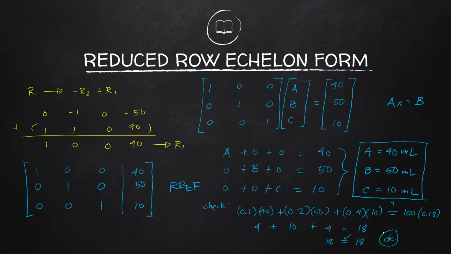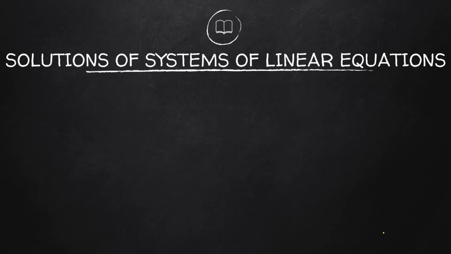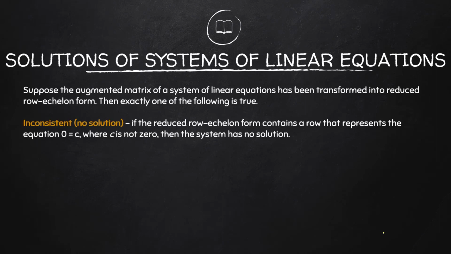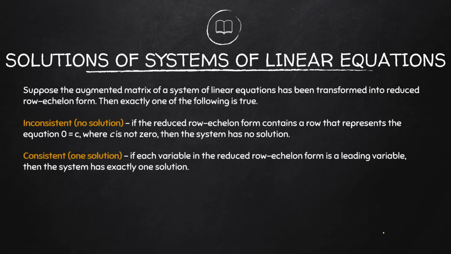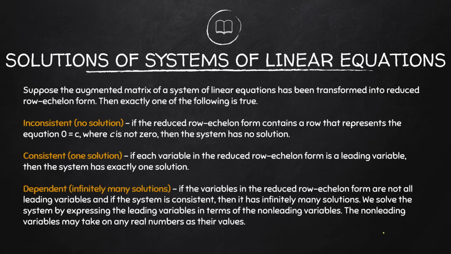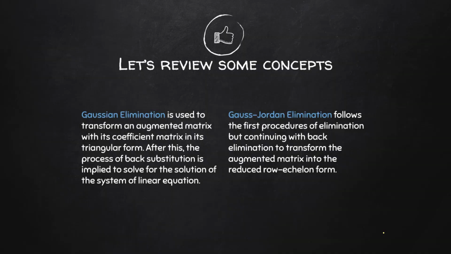So take note again that for systems of linear equations, we have 3 types of solution: the inconsistent, consistent, and dependent solutions. Just a recall from our previous discussion. We have learned 2 things in this video. We use Gaussian elimination to transform an augmented matrix with its coefficient matrix in its triangular form.